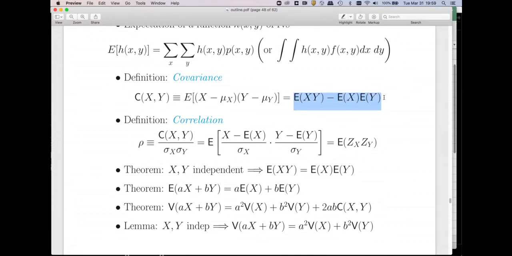So if E of XY is equal to the product of the expectations, this difference will be 0, and the covariance will therefore be 0. So an important result is whenever you have independent random variables, the covariance will be 0.